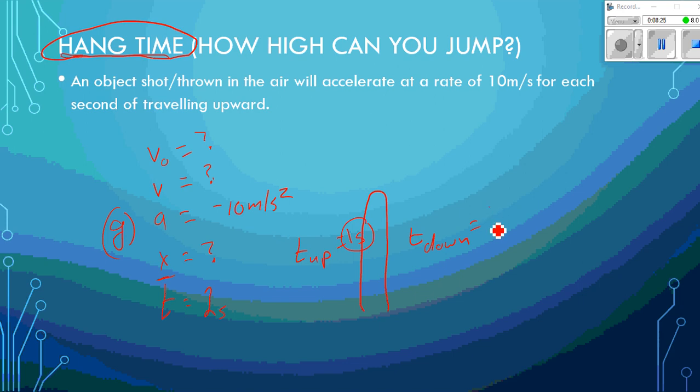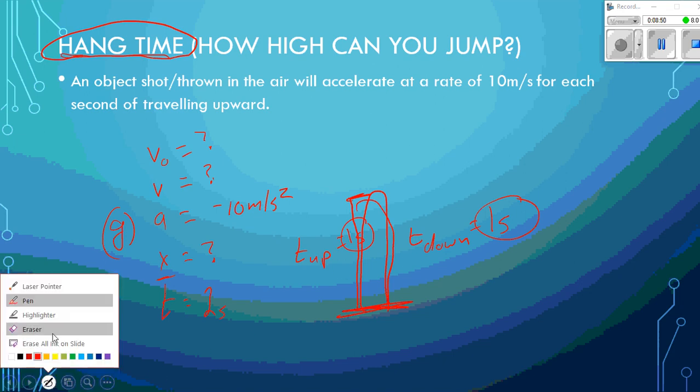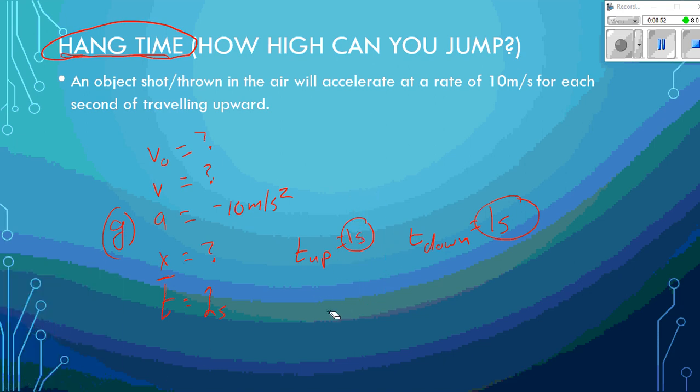So if you get a hang time question, when you use the time, you might need to use half of it if it's asking how high, because that first second is going to get me to how high I'm going to go. If I go 2 seconds, I'm all the way back down to where I started. So on these hang time questions, a lot of time you have to think about half of the time. That might be the hardest part. Okay, so let's see how high someone can jump.